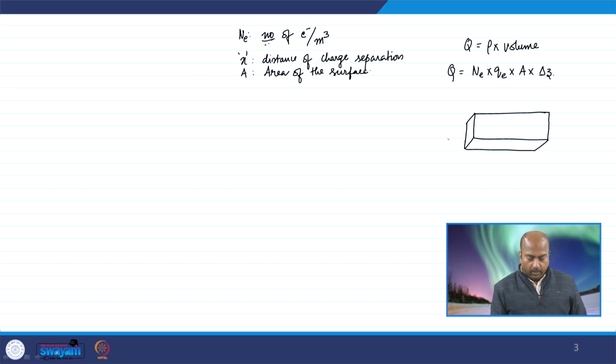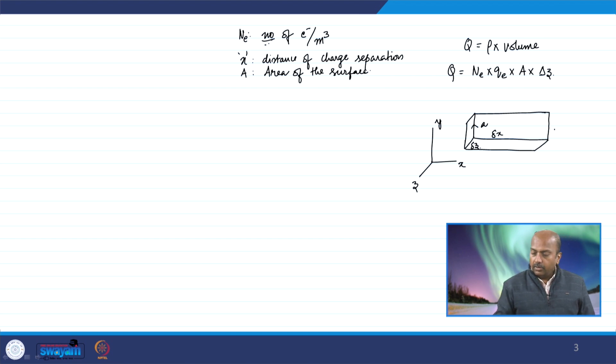Okay. Let us say we have a coordinate system like this, which is x, y, and z. This along y, the length is small a, and this is your delta x, and this is your delta z.